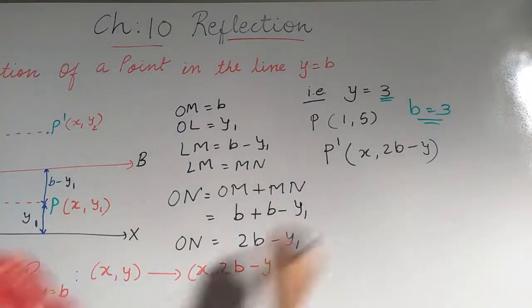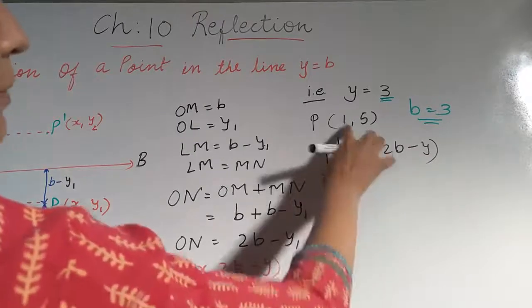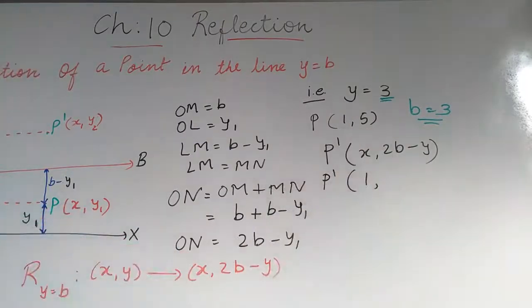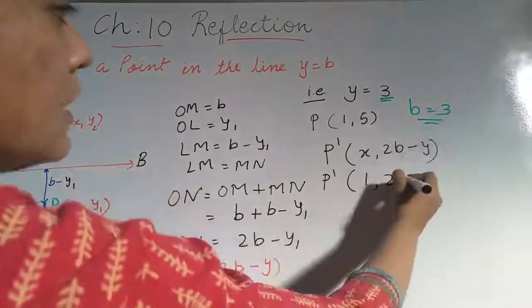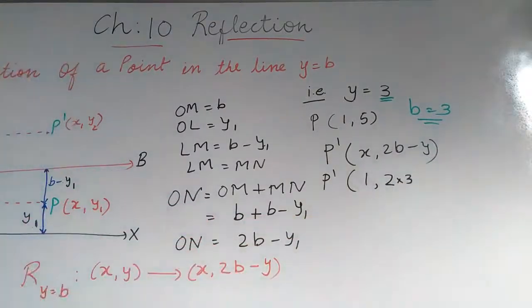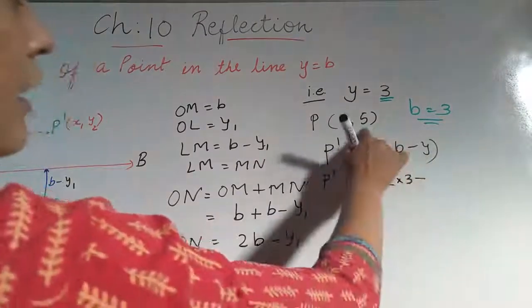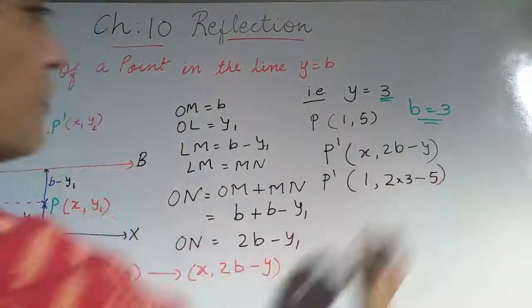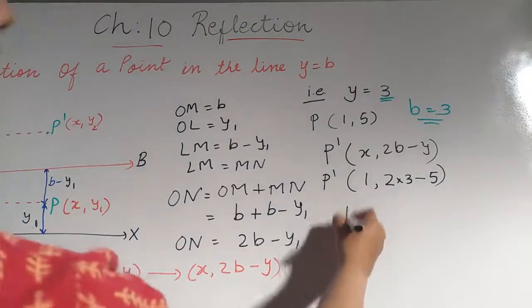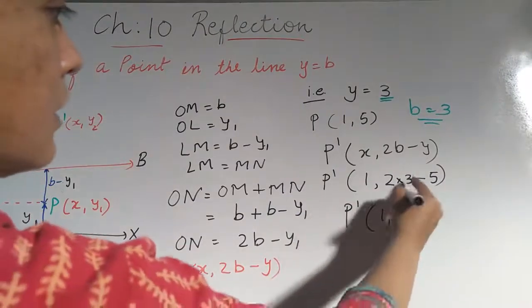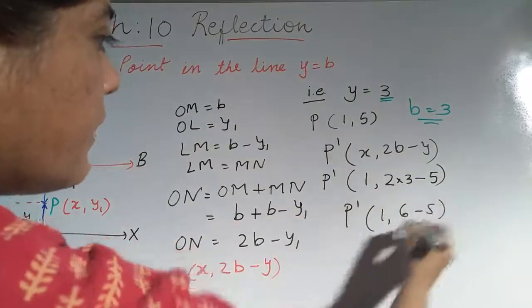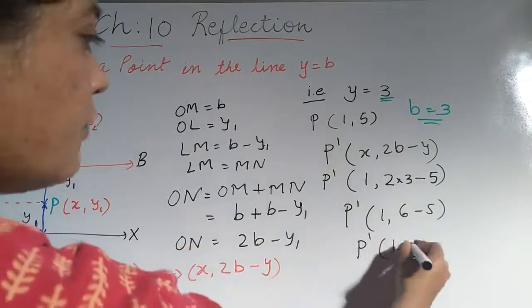And x is the same here, 1. There is no difference in the x coordinate. 2 times B, B is 3, so I multiply 2 with 3, minus y, which is 5. So now I get P dash (1, 2 threes are 6 minus 5), that is P dash (1, 1).